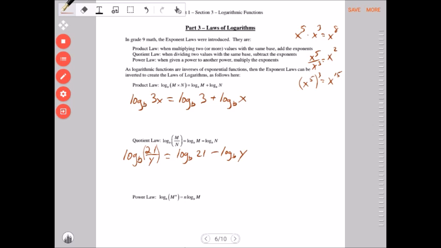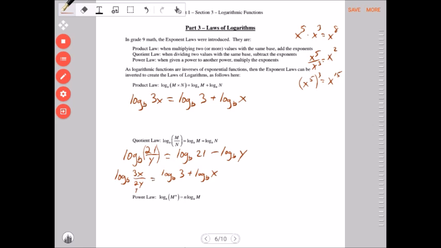What happens if there's a couple of things together? Let's say we have log base b of 3x over 2y. The 3x, those multiply, so that's going to be log base b of 3 plus log base b of x.